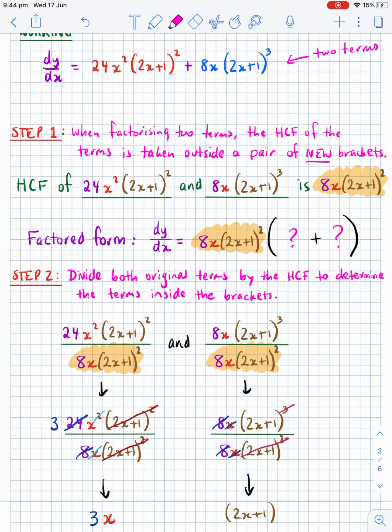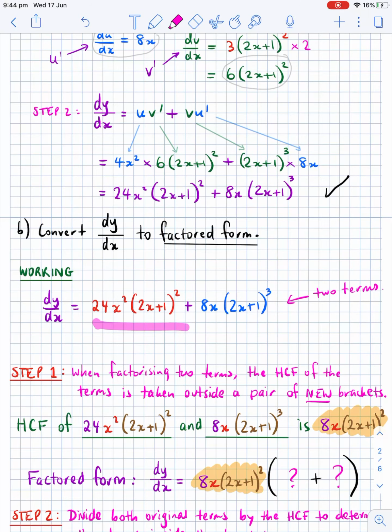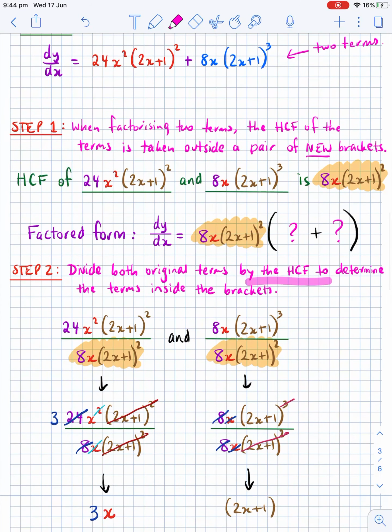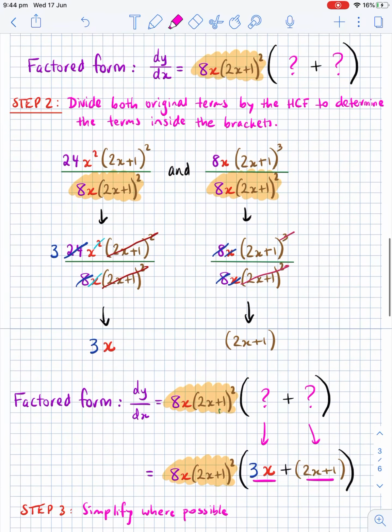Okay, step 2, we need to divide both original terms, so the original terms are these 2 right here, by the highest common factor. Divide those by the HCF to determine the terms that are inside these brackets, these question marks. So there's going to be a lot of cancelling that happens here.